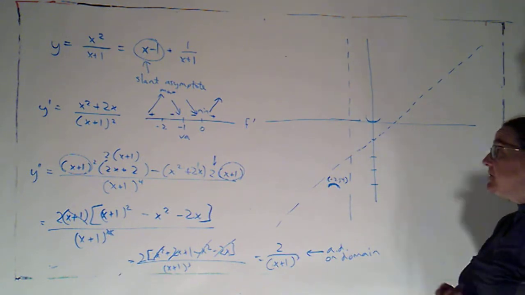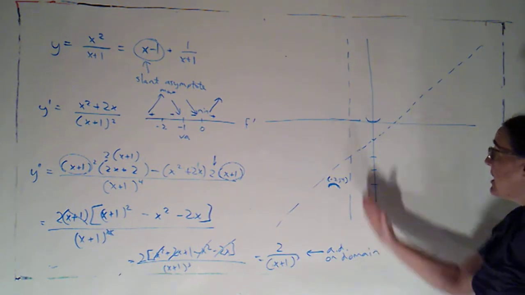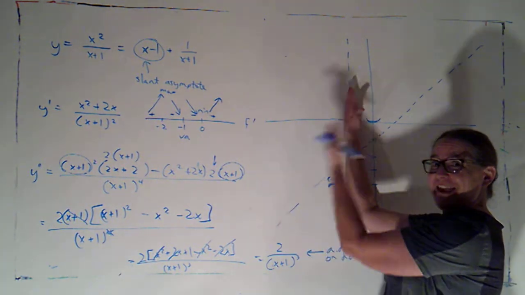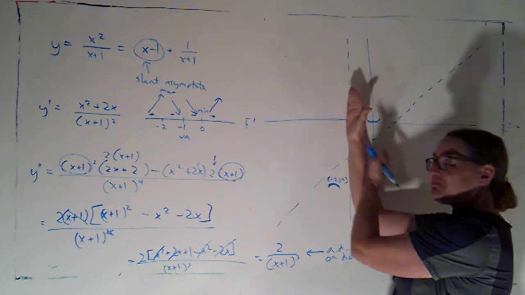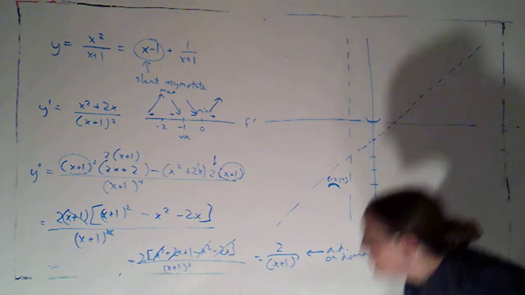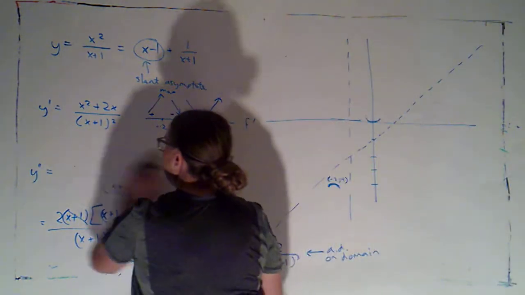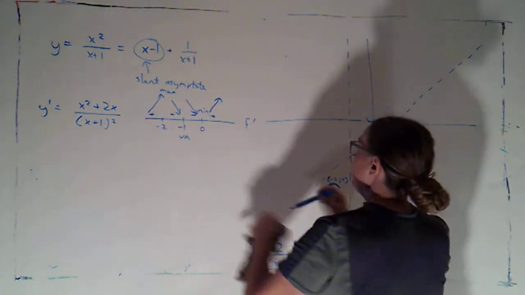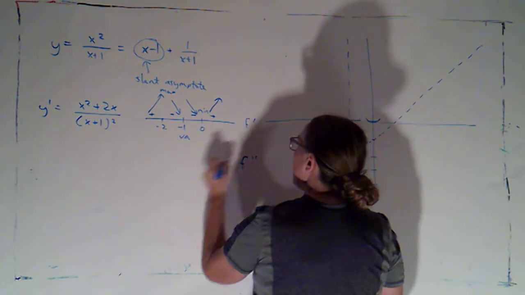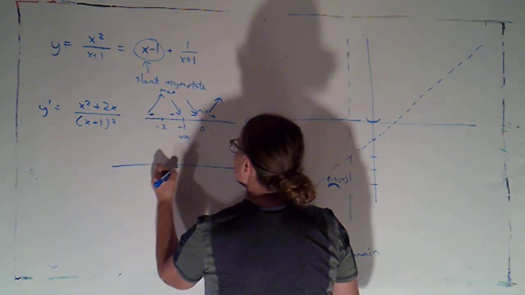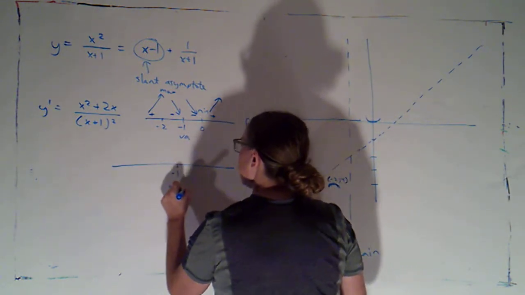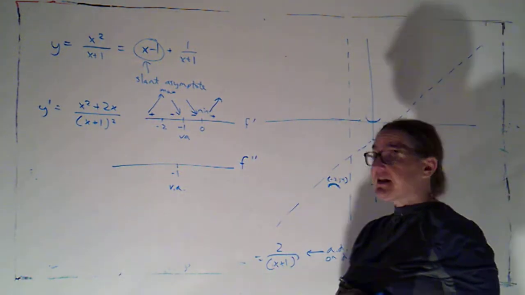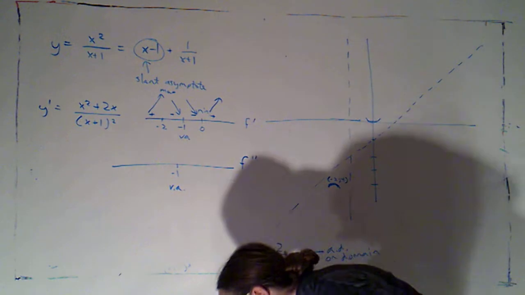But I do still need to check for the concavity because I've certainly seen that I can have different types of concavity on one side of the asymptote than the other. So I'm going to create my number line for f double prime, but the only number I'm marking off on there is -1, and I'm just going to make a note that that's a vertical asymptote so that even if the concavity changes, I don't have a point of inflection there.